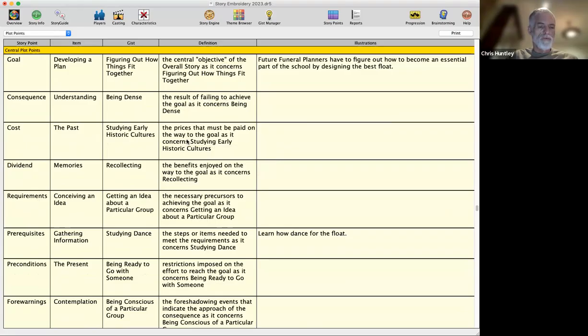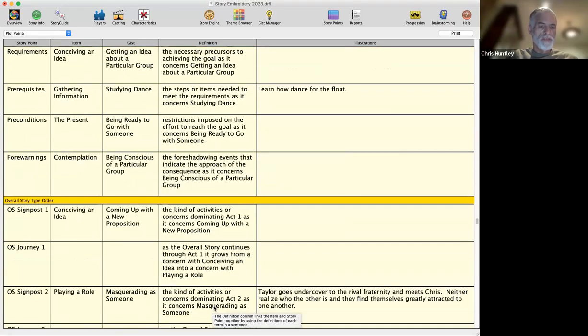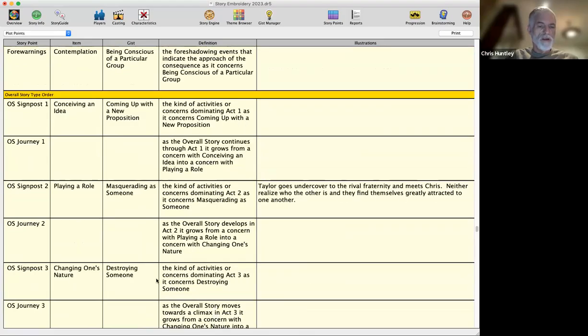That might be 4 warnings. Signpost 3, destroying someone.